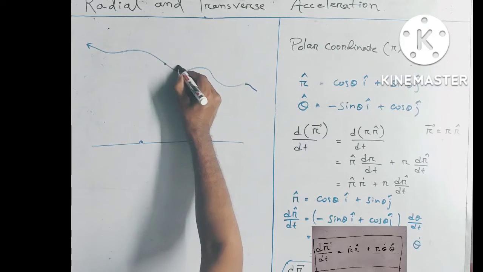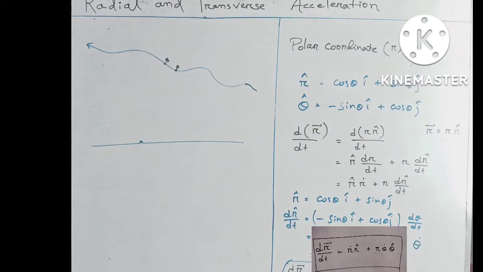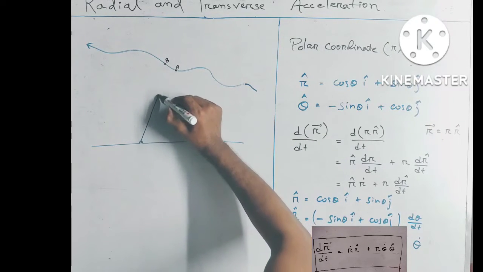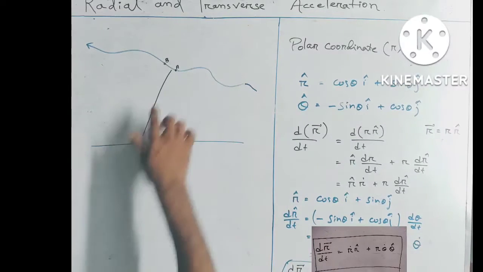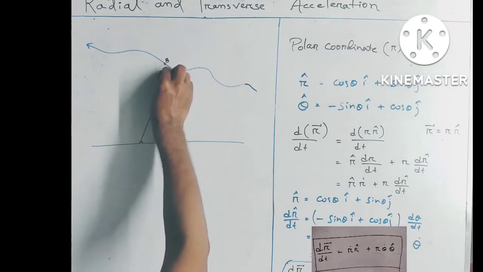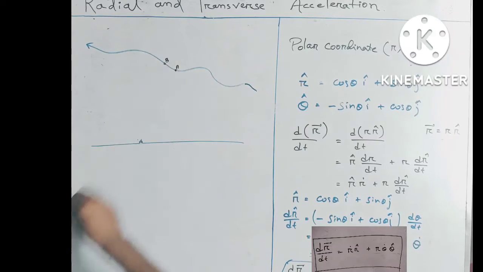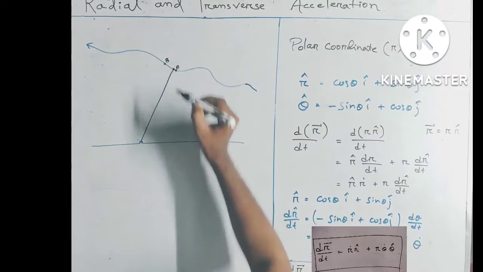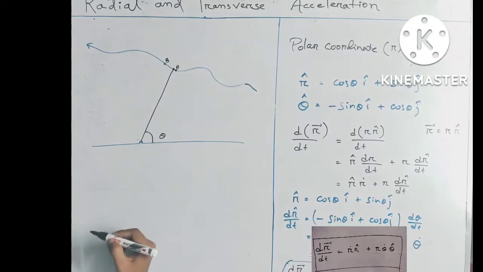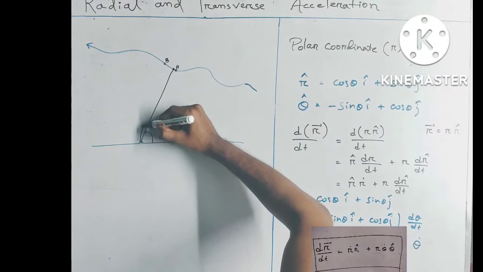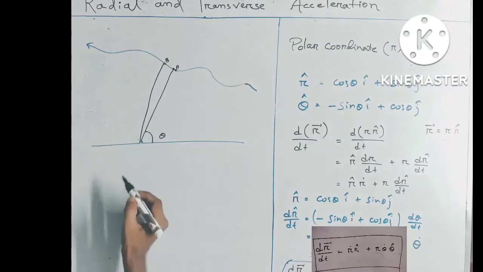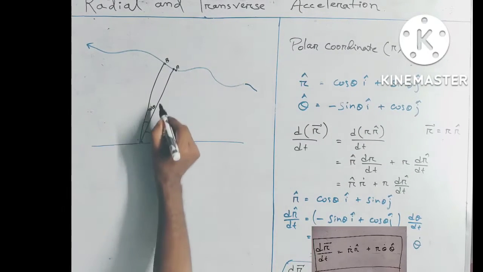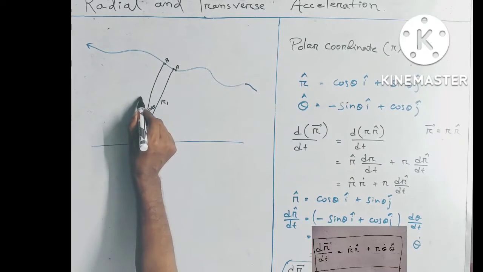Suppose this is position A, this is position B. Now if we join it like that, suppose this angle is theta, and after some time the angle becomes d theta. Suppose this radius is r1 and this is r2.